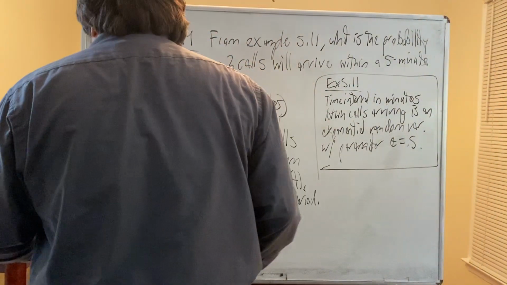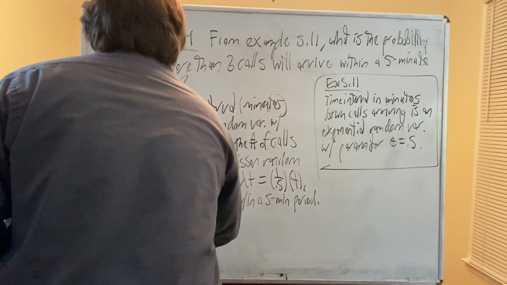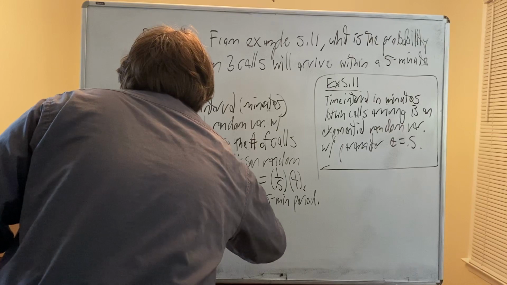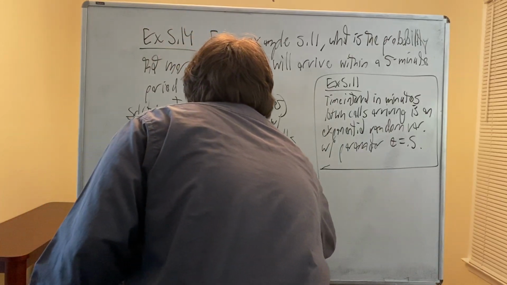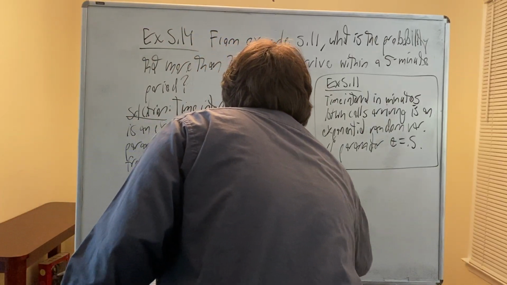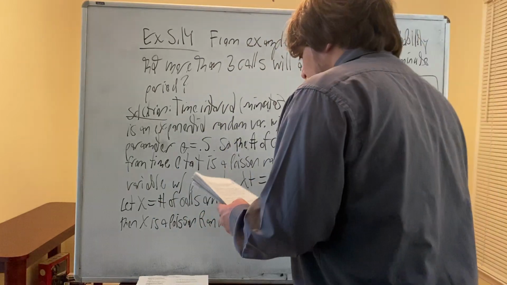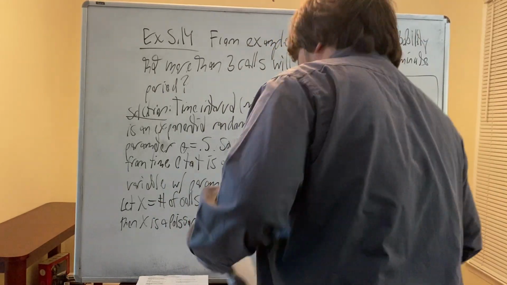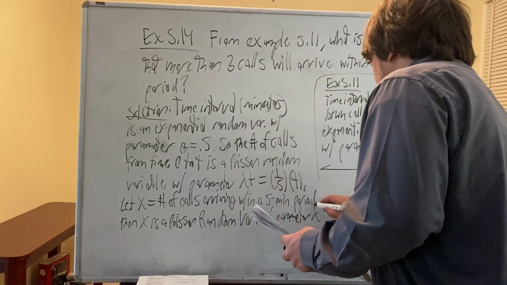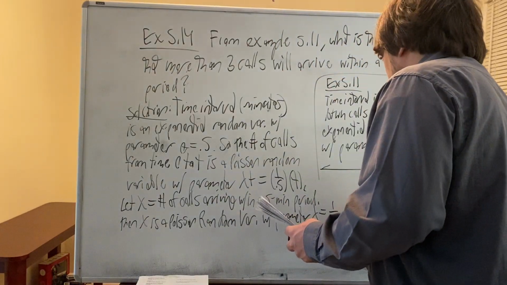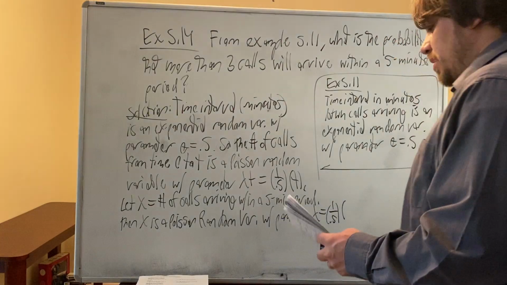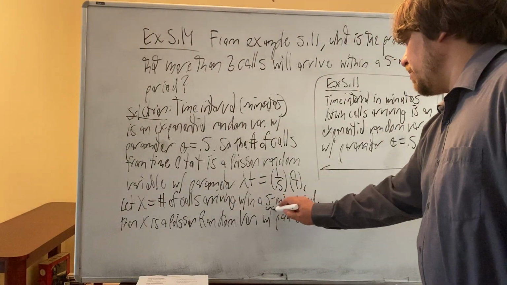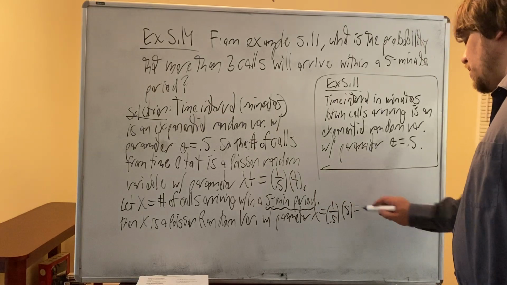Then capital X is a Poisson random variable with parameter lambda equals 1 over 0.5 times t, which is 5. And so that's equal to 10.